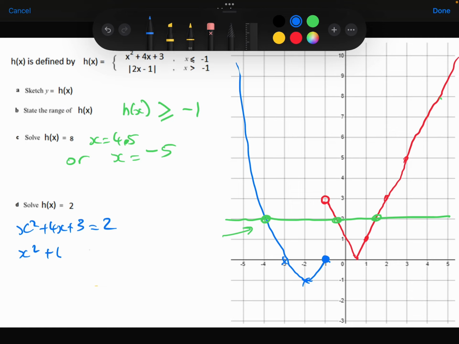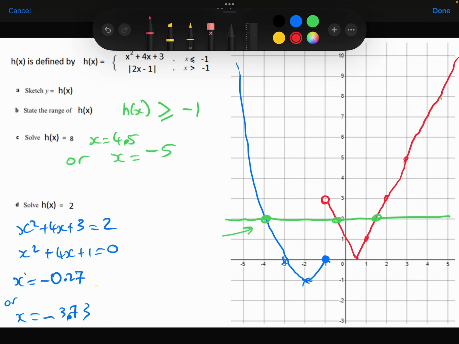Subtract the 2 from both sides. And that's not going to factorise, so I'll use my quadratic formula for that. So using the quadratic formula, I get 2 solutions. I get minus 0.27 to 2 decimal places, or minus 3.73 again to 2 decimal places.